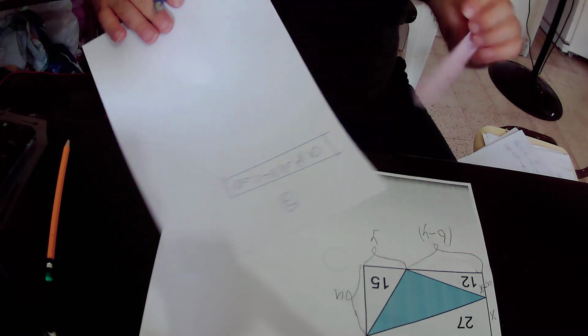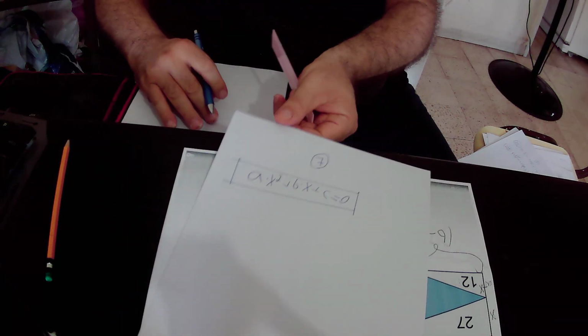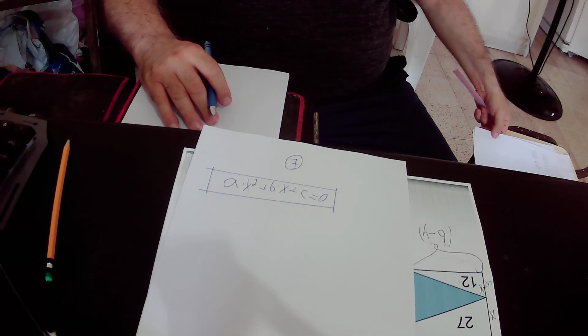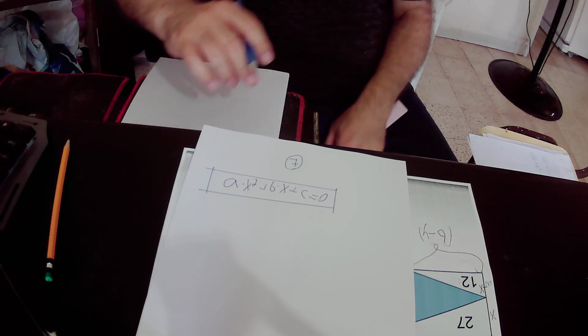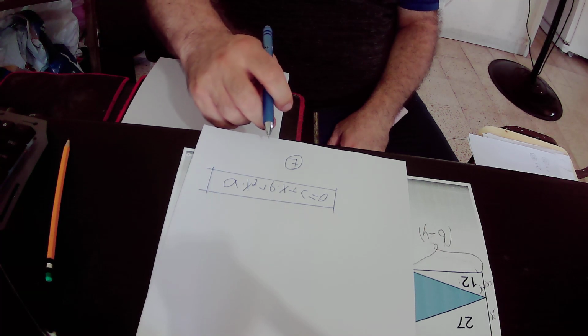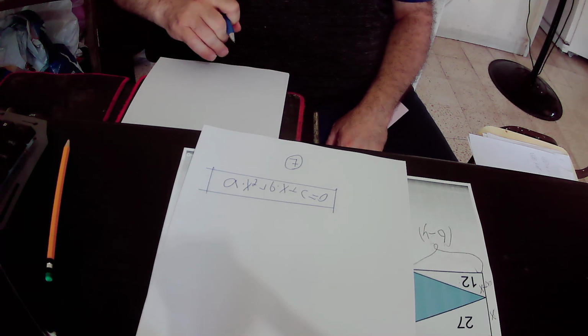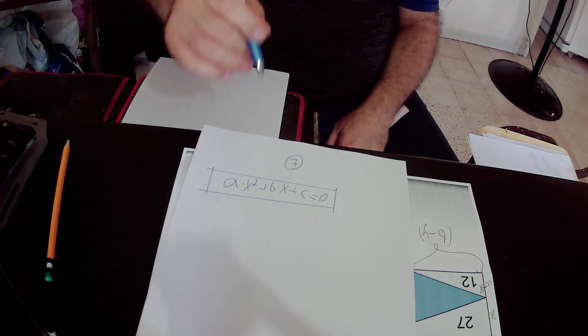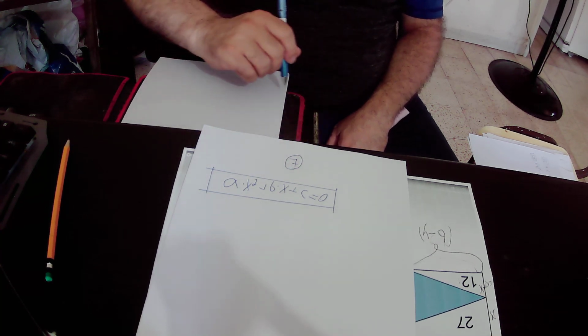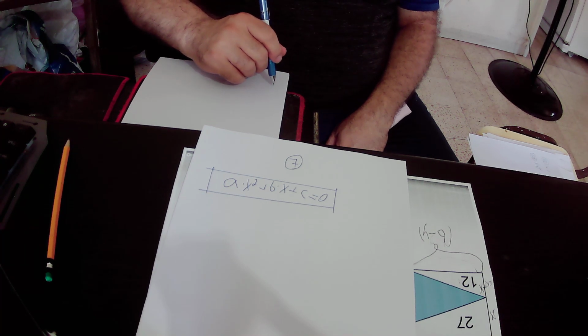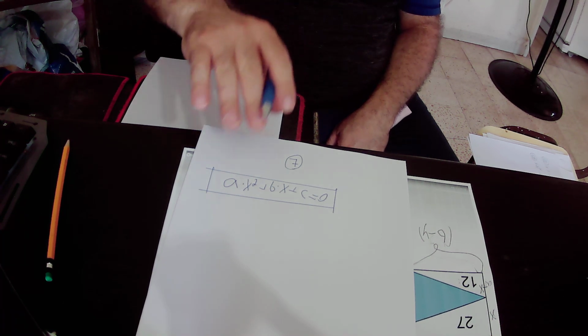So this is the general form of a quadratic equation. And a, b, c are the coefficients of the quadratic equation.